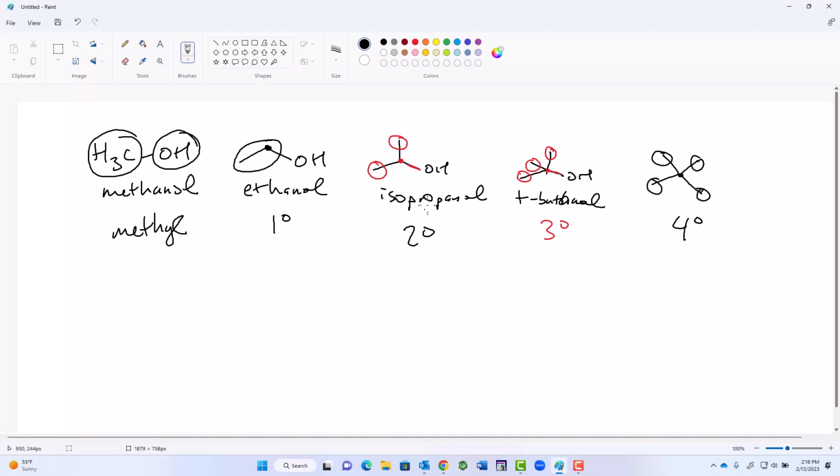Now, if we examine the bonds in alkyl halides and alcohols, so drawing a methyl alcohol and a methyl halide, we'll call it a methyl chloride. If we examine the methyl alcohol, methanol, and this would be methyl chloride, or chloromethane rather, we see that the dipole moment points towards the OH or the Cl or whatever halide is substituted here.